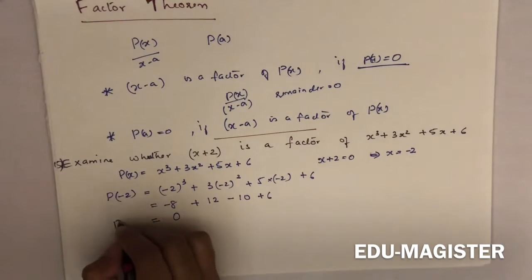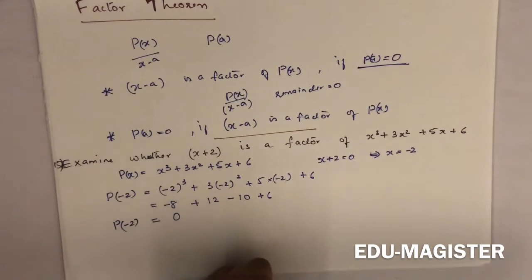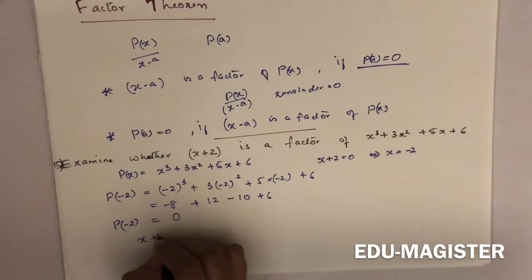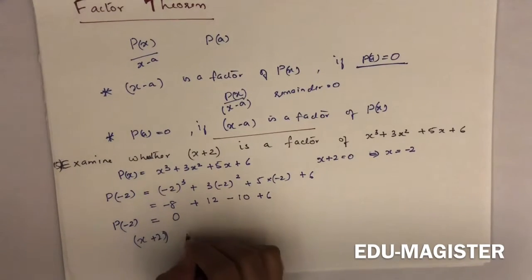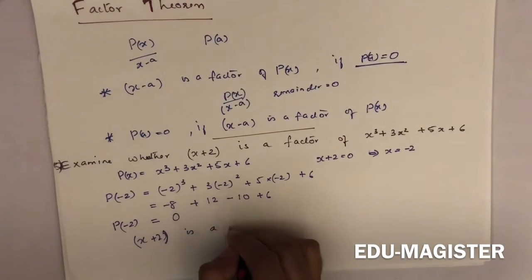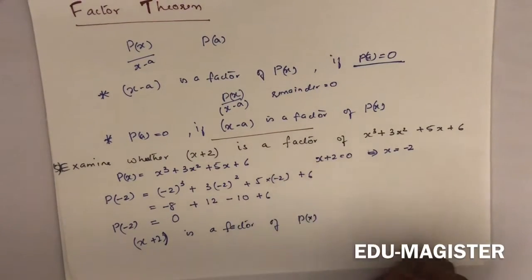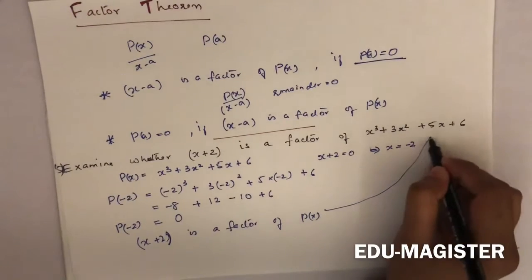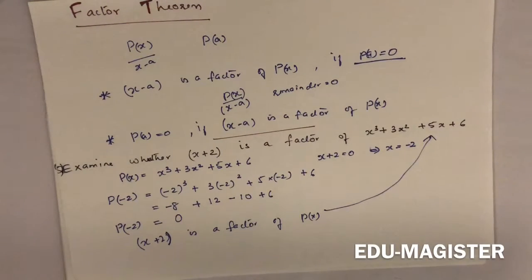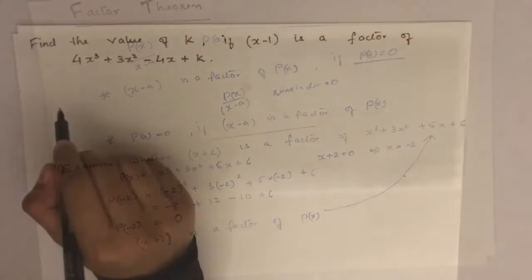So we got p of minus 2 is equal to 0. That means x plus 2 is a factor of p of x. P of x means this polynomial. Thus, by factor theorem, we proved that x plus 2 is a factor of p of x.